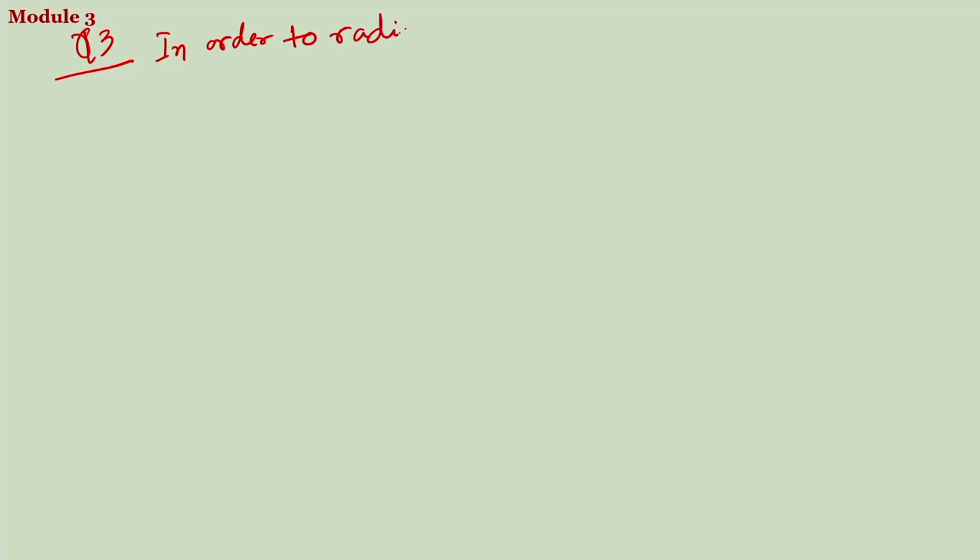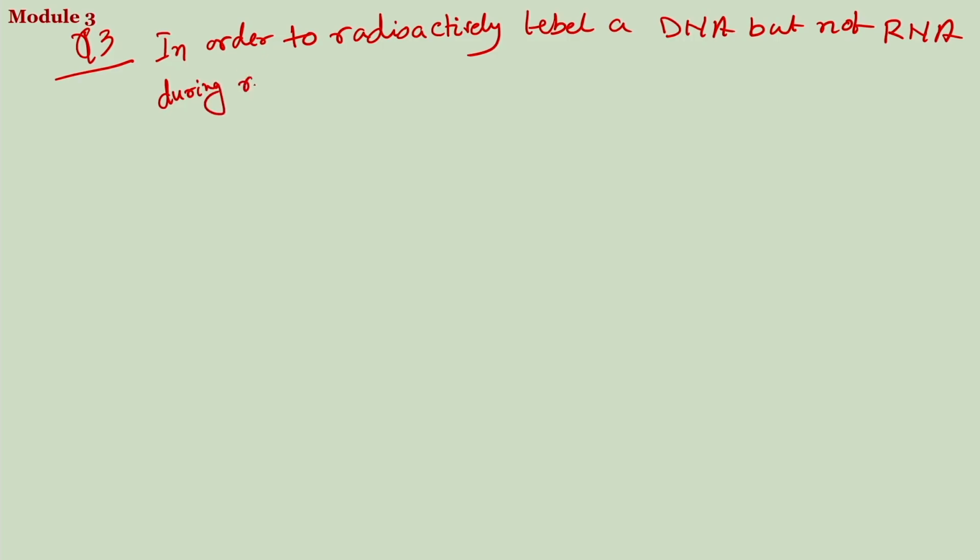In order to radioactively label a DNA but not RNA during replication, the question is, which monomer is appropriate to use?